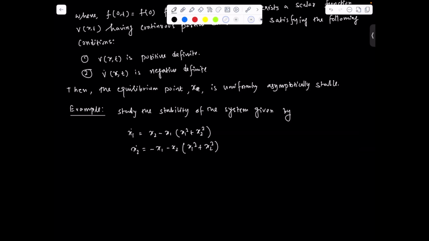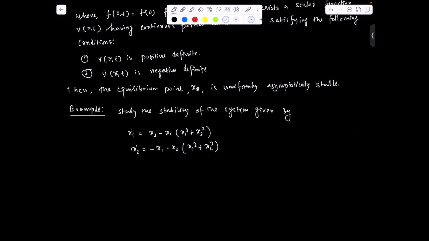So this is basically a natural system, and we'll study the stability of this natural system, and based on that we can conclude whether the system should be controlled or not. In the last few lectures, and in this lecture also, we are talking about the stability of the natural system.